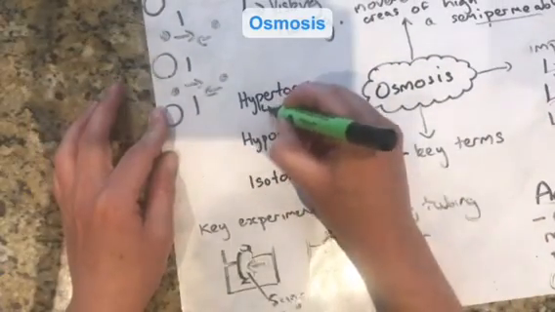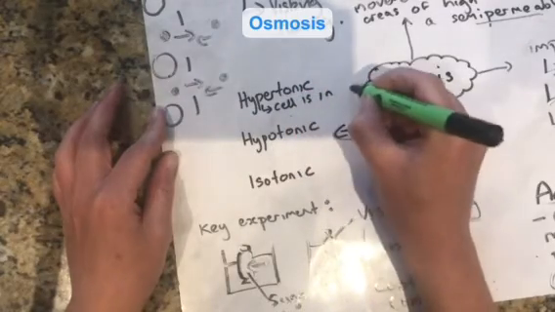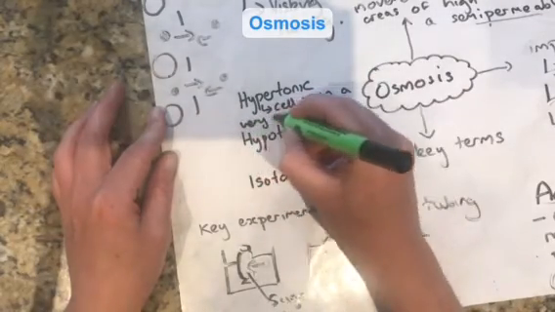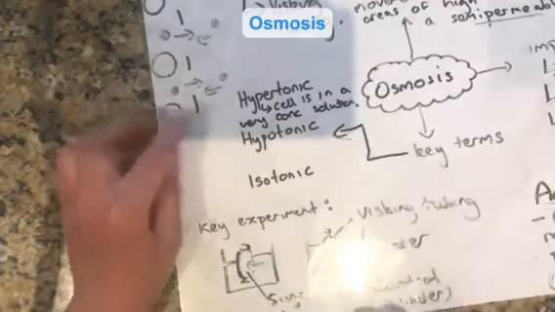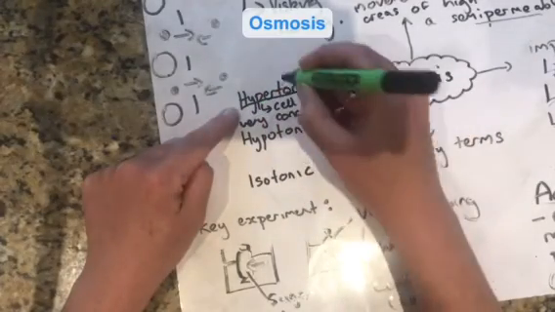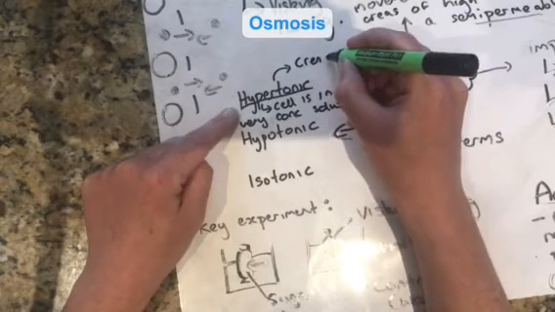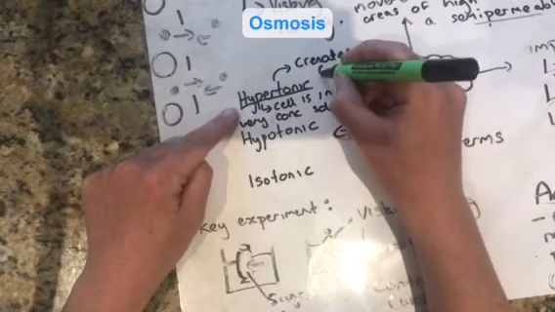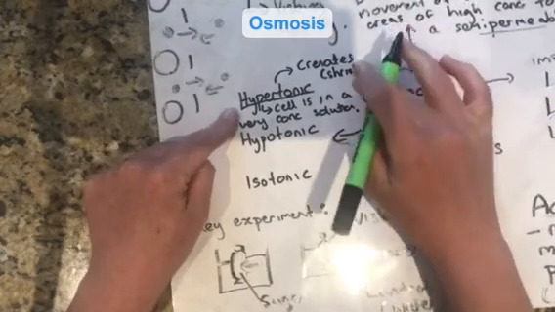Hypertonic is where the cell is in a very concentrated solution of sugar or salt. When a cell is in a very concentrated solution of sugar or salt, what happens, girls, is it loses water and what's called crenates. Okay, it shrivels up.